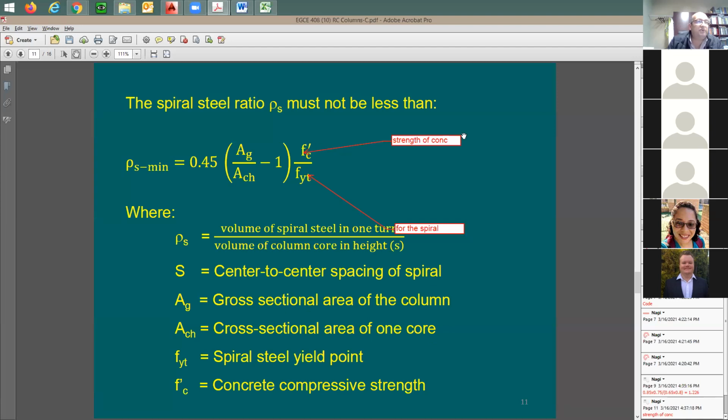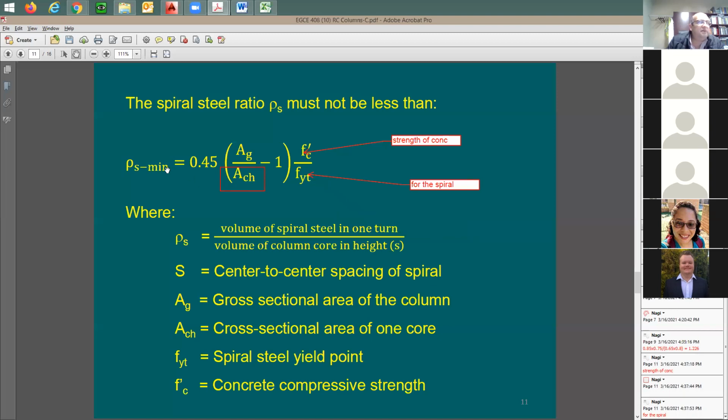So now I'm trying to understand, this is going to be a new thing to me. I didn't hear about this before. Also, I don't understand this rho minimum. Is this for the spiral? It says for the spiral. And this rho S, also I'm trying to understand what is that. It says here volumetric steel ratio. Something new.